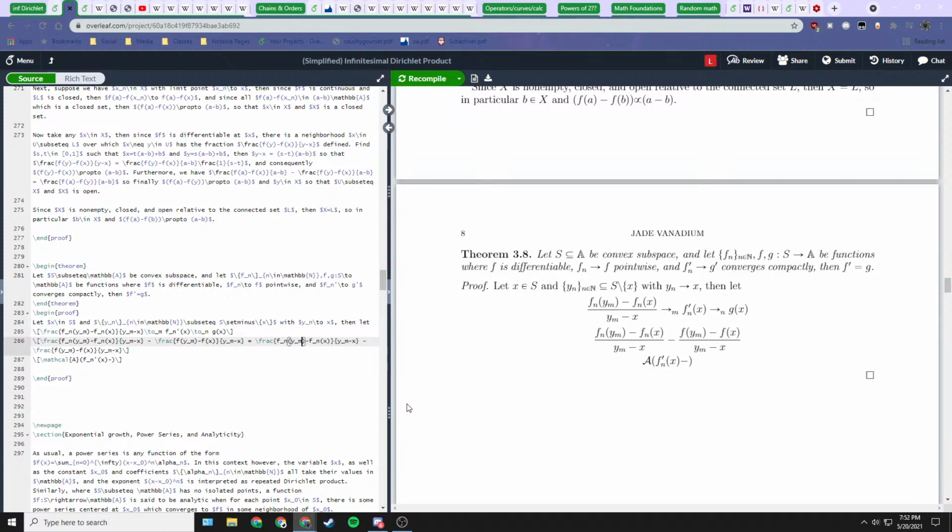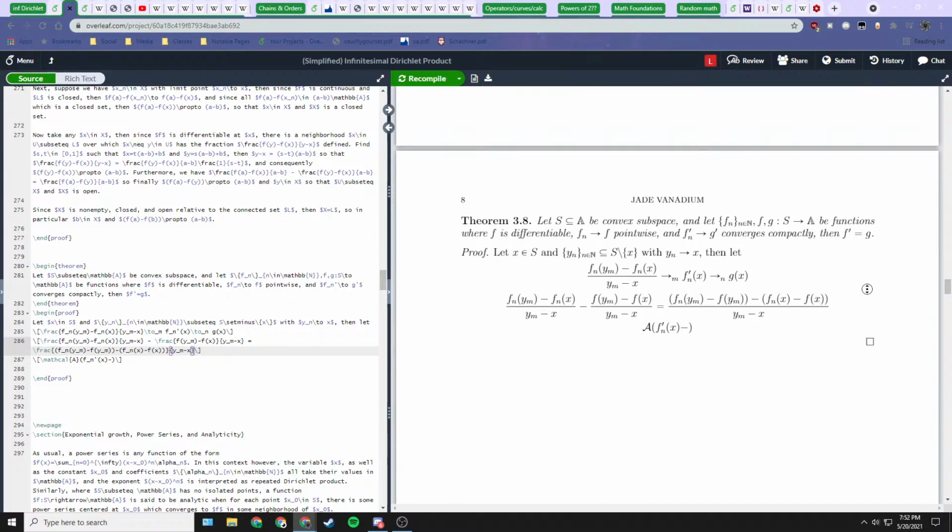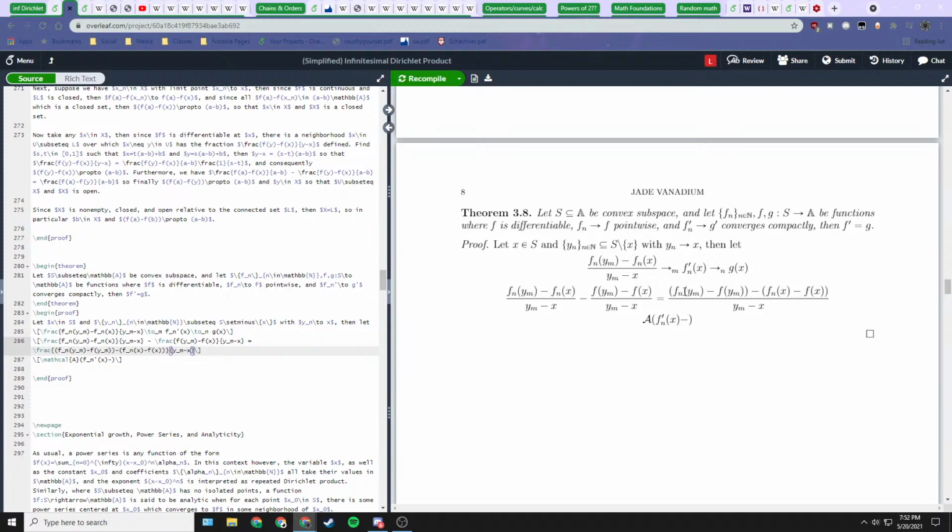This will give us f_n y_m, and we're subtracting f y_m, and then this one will give us minus f x.